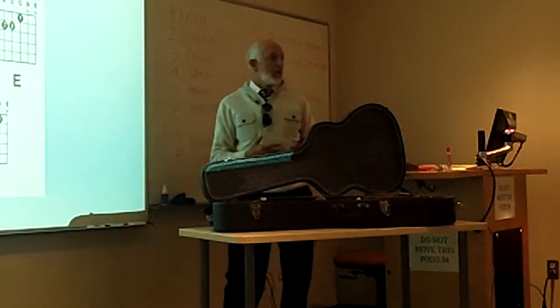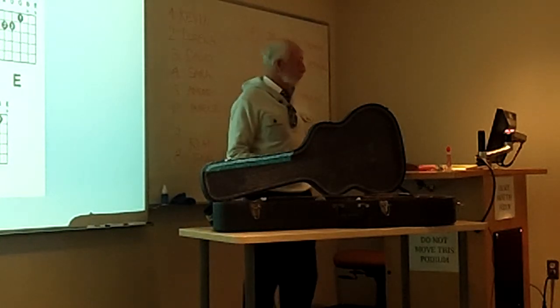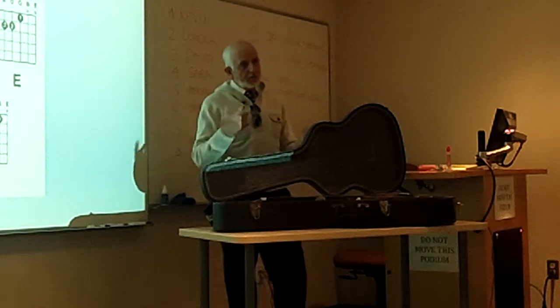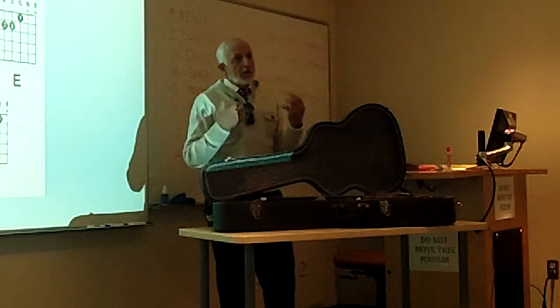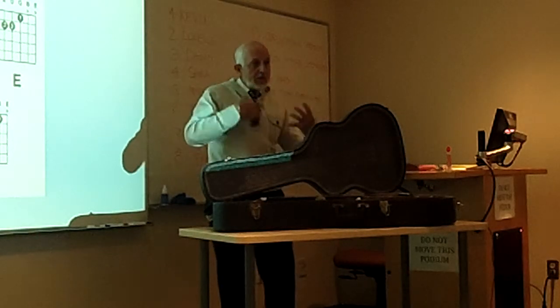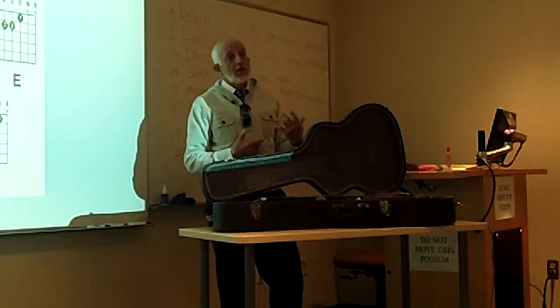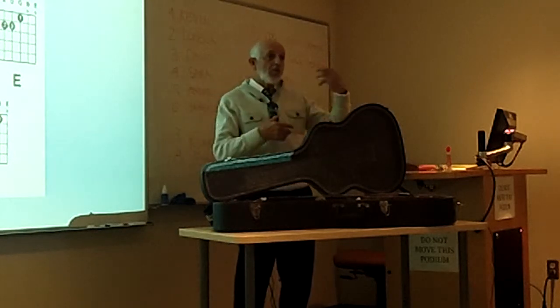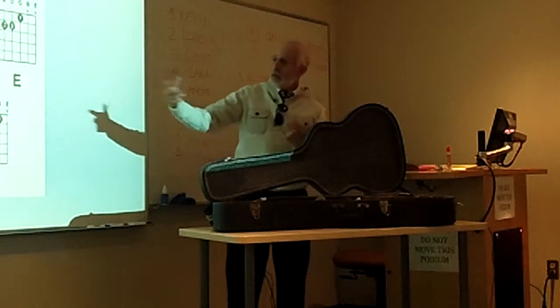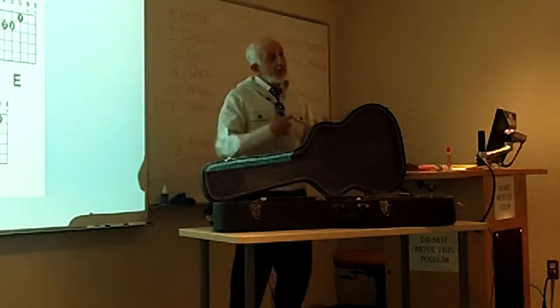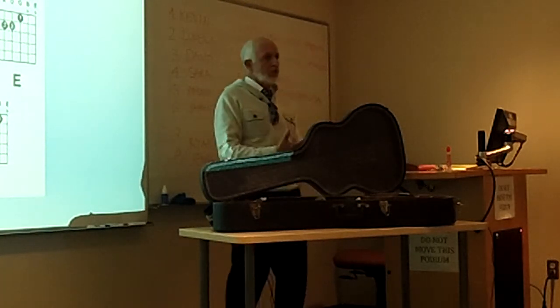Then you go back to your 1-4-5 chord formula, and you practice these chords until you get real good at them, make them sound nice and clean, and then you want to practice going back and forth to different chords, like from G to C, from A to D, and you go back and forth until you feel really comfortable and fluent.